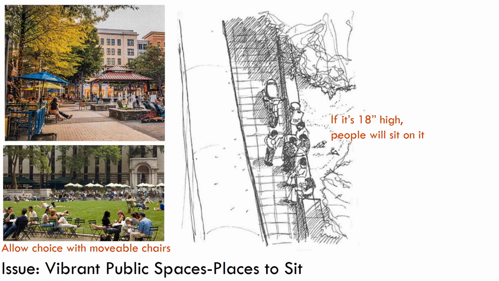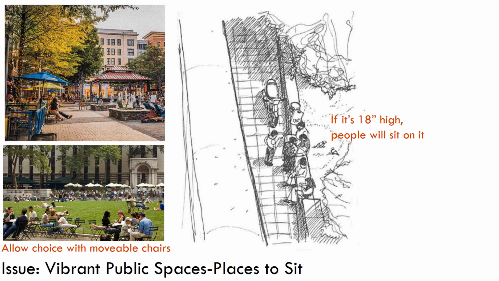And lastly, if you want to get people to enjoy public space, you have to give them a place that they can sit. And this is so overlooked in so many places. Some of it's because communities are worried about maintenance and about issues with homeless folks and that sort of thing.